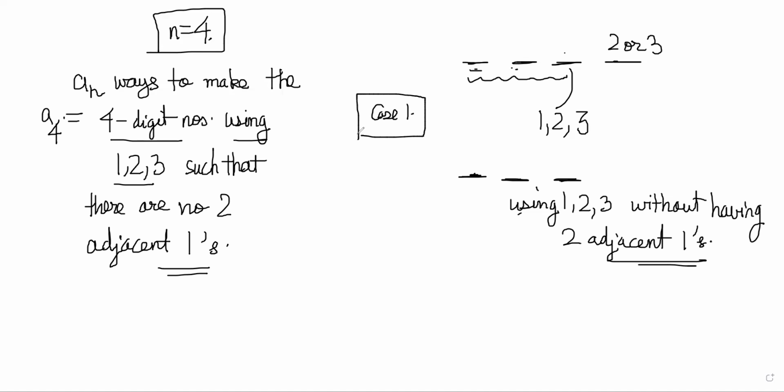So in case 1, when we fix the rightmost digit to be 2 or 3, the number of such numbers would be just how many ways can you fill the remaining 3 digits using 1, 2, and 3 without having two adjacent ones. But that is the definition of A3, right? So if you have an n-digit number and you fix the rightmost digit to be 2 or 3, then in each case you will have An minus 1 ways to fill the remaining digits, right? So that is case 1.